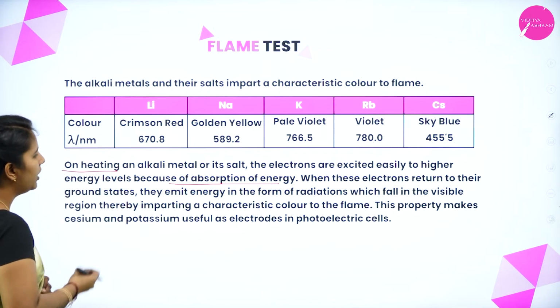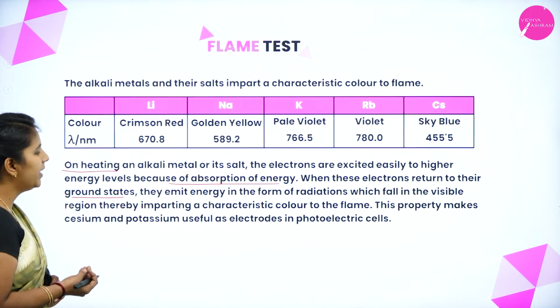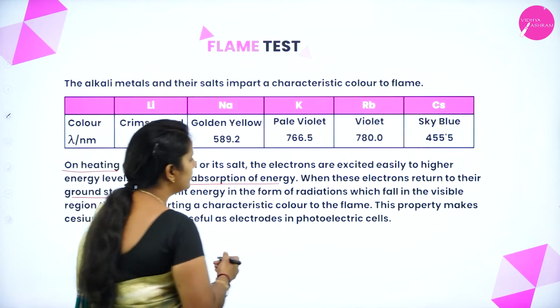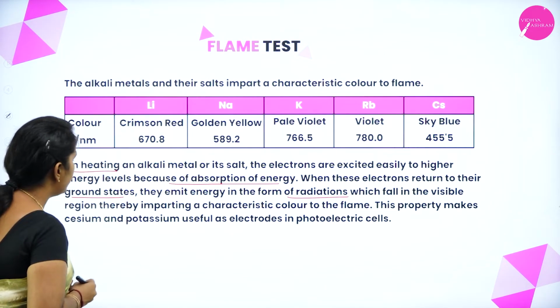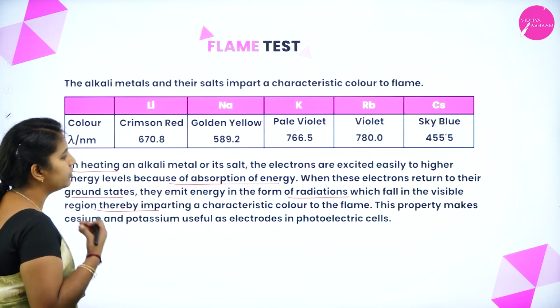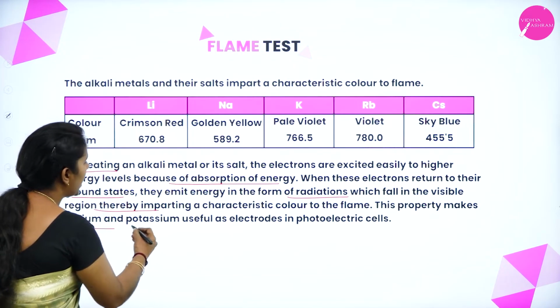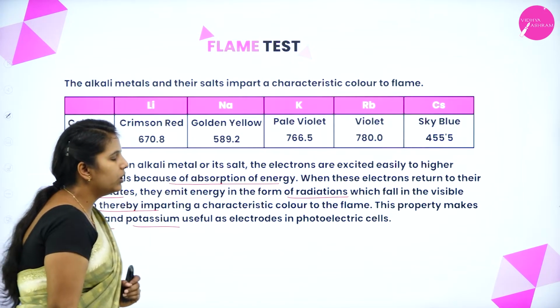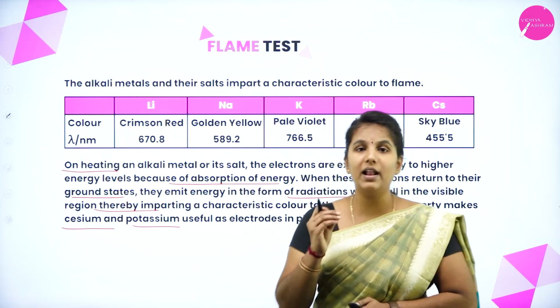And this electron, in turn, when it comes back to the ground state, emits energy in the form of radiation which falls into the visible region. That is why it imparts the characteristic color to the flame, and this property makes cesium and potassium useful in electrodes, especially in the photochemical cell.